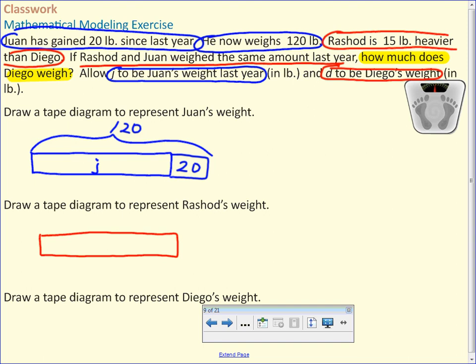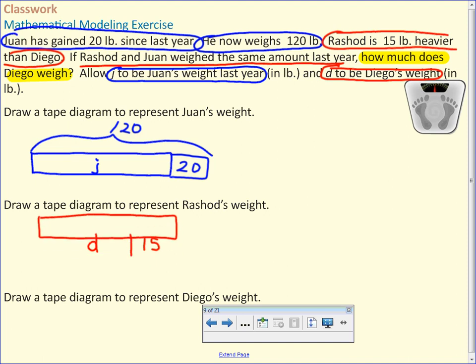And we know that Rashad is the same as Diego plus 15. I made these boxes the same size because Rashad and Juan were the same weight.